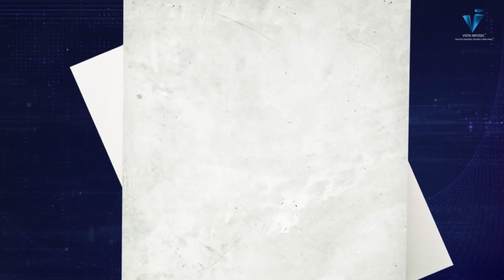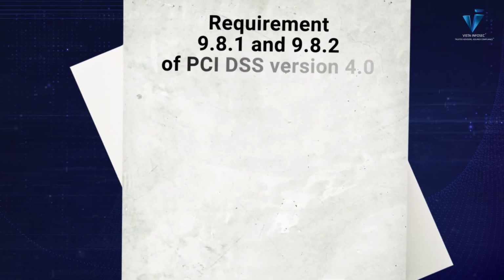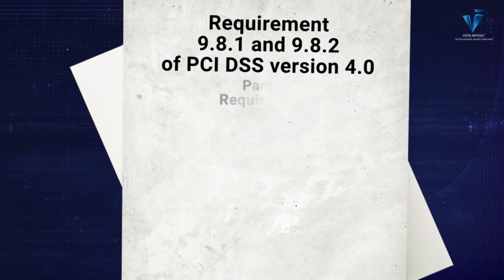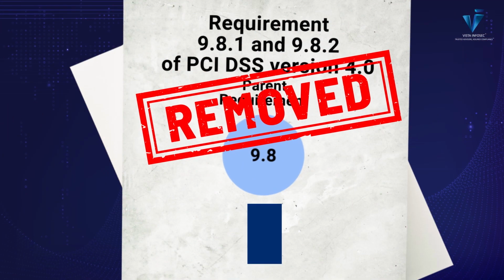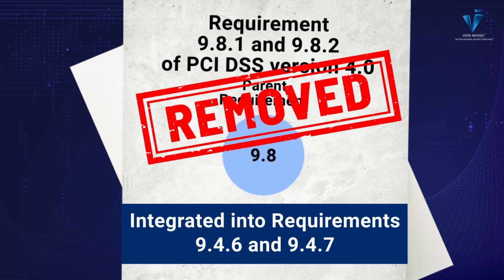But we see that in the latest version, both the requirements 9.8.1 and 9.8.2, including the parent requirement 9.8, have been removed. And these are now integrated in the new standard under 9.4.6 and 9.4.7.